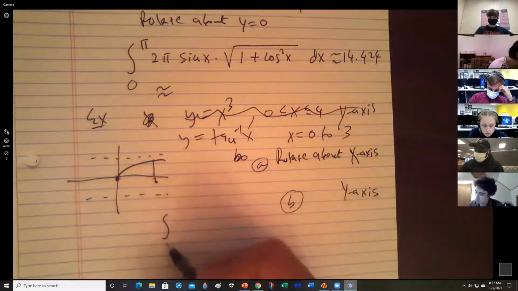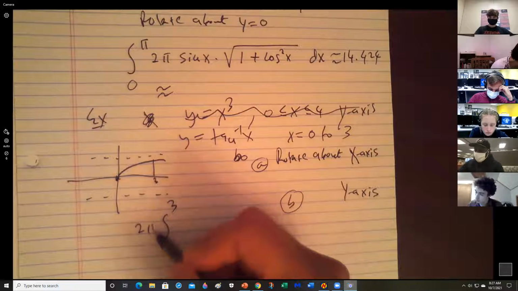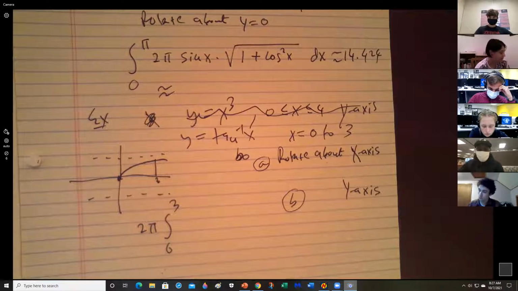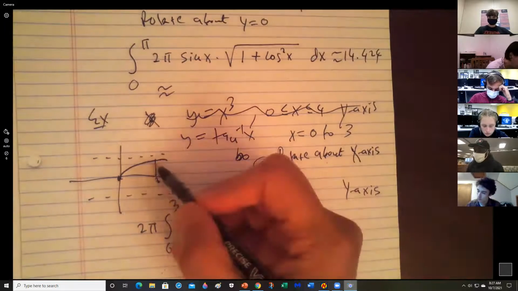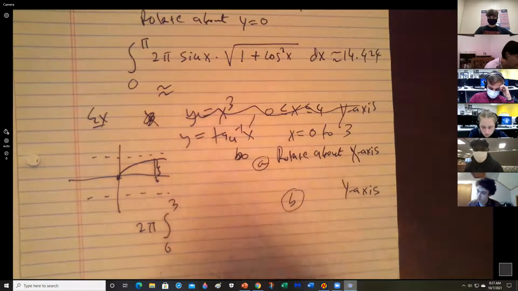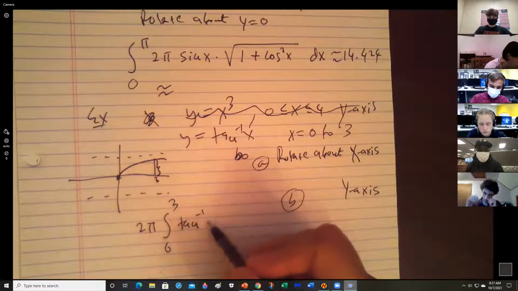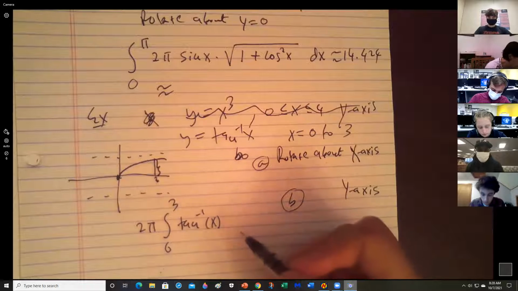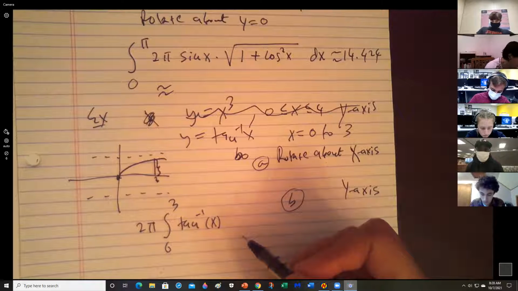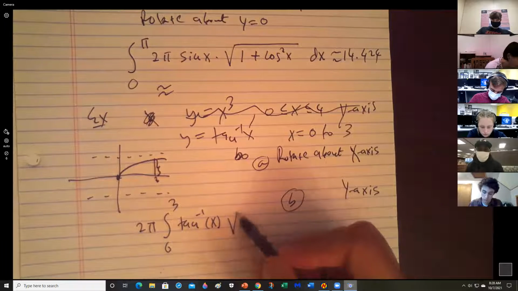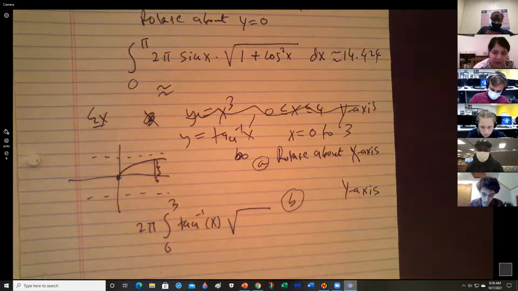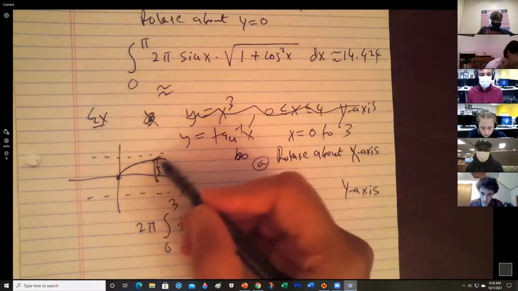So integral 0 to 3, 2 pi. Remember, this will give you tangent inverse x. Square root. That's the average radius, and then you want the arc length.